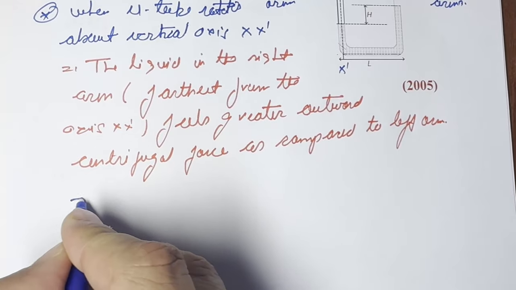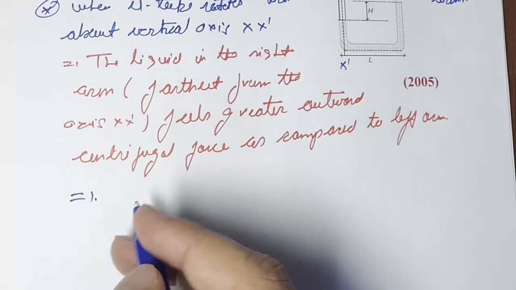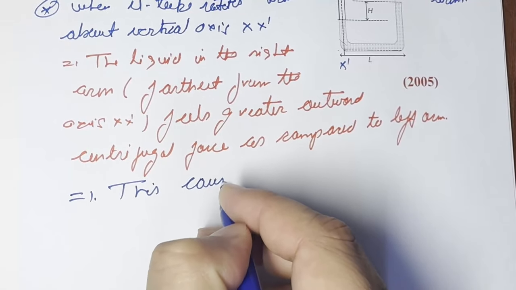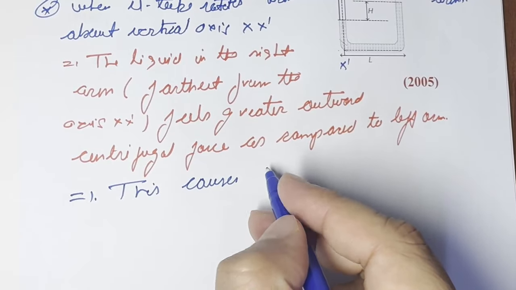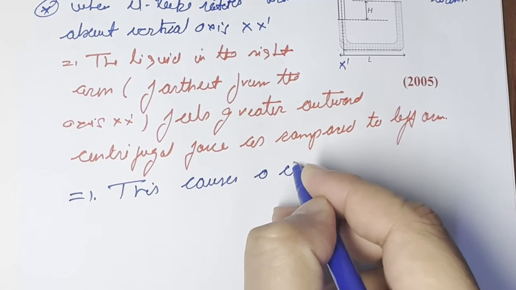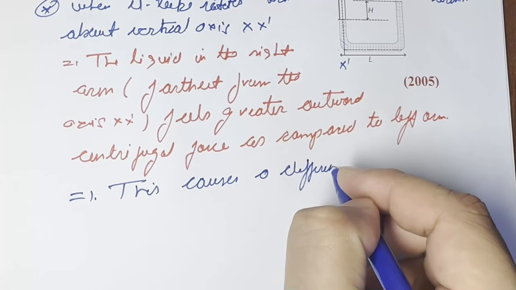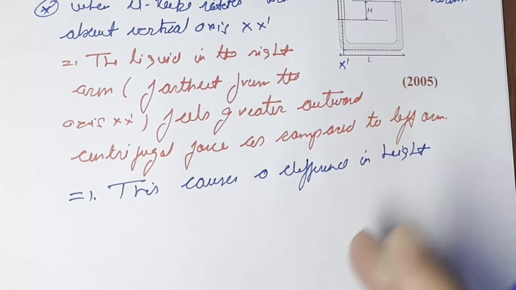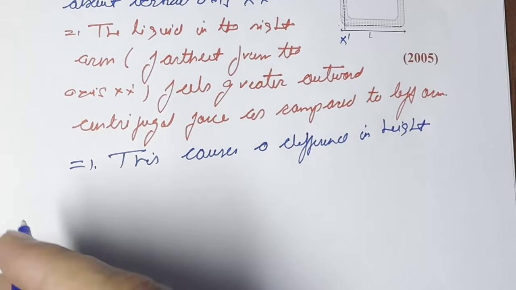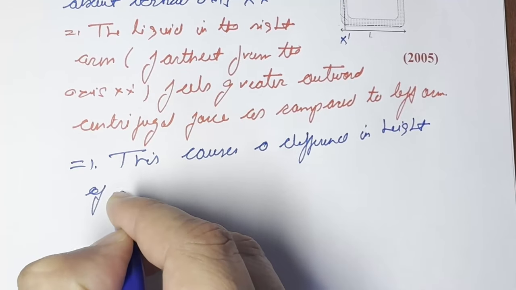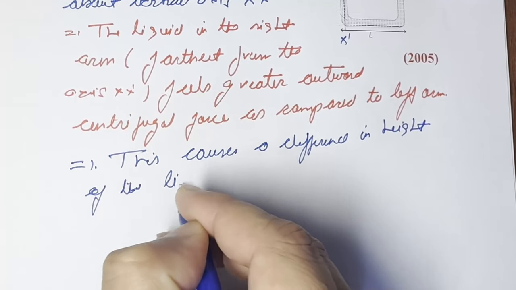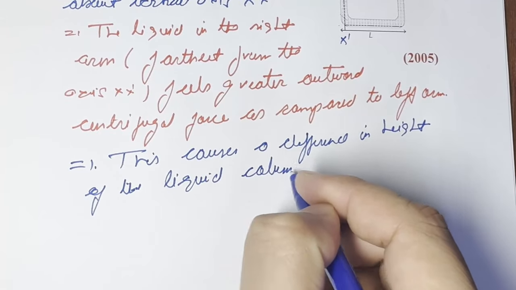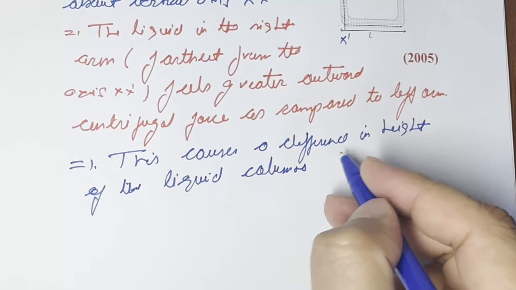Therefore, this causes a difference in height of the liquid columns in the two arms.